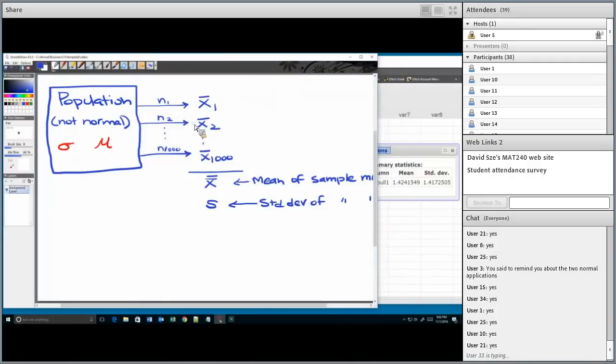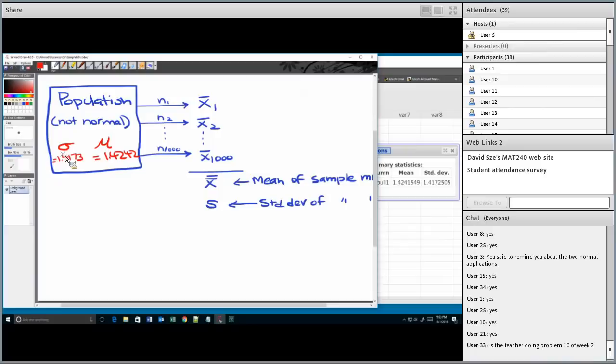My mean equals 1.4242, and the standard deviation is 1.4173. Okay, everyone with me so far?